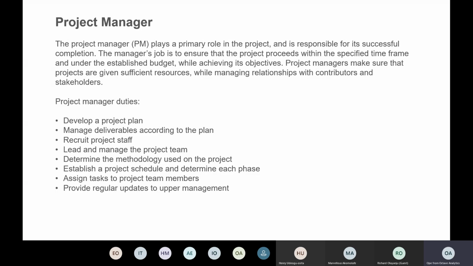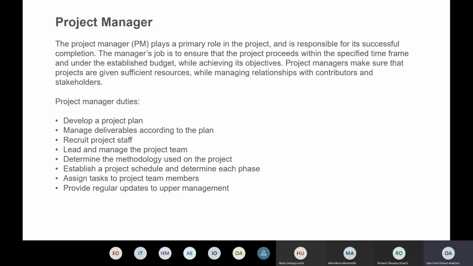You must ensure that you are after the overall success of the project, and as well, doing your own part to ensure success on the project. So the manager's job is to ensure that the project proceeds within the specified time frame and under the established budget while achieving its objectives.